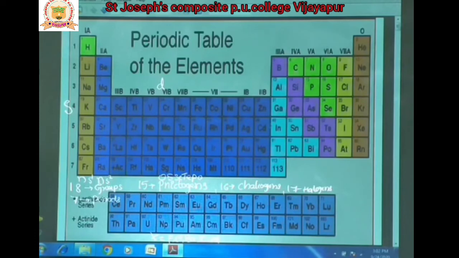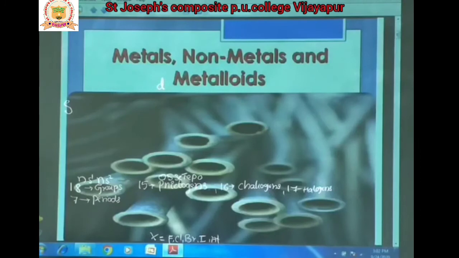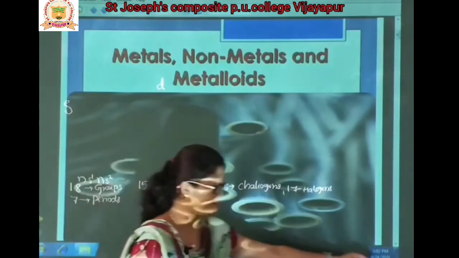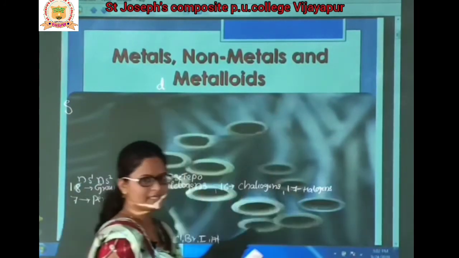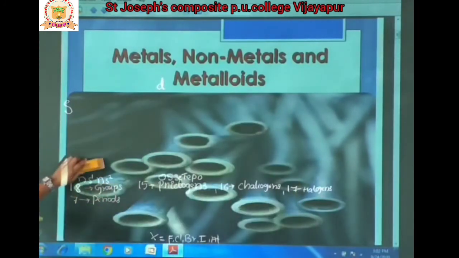Okay, next students, see this present form of the periodic table. What does it consist of? Metals, non-metals and metalloids.